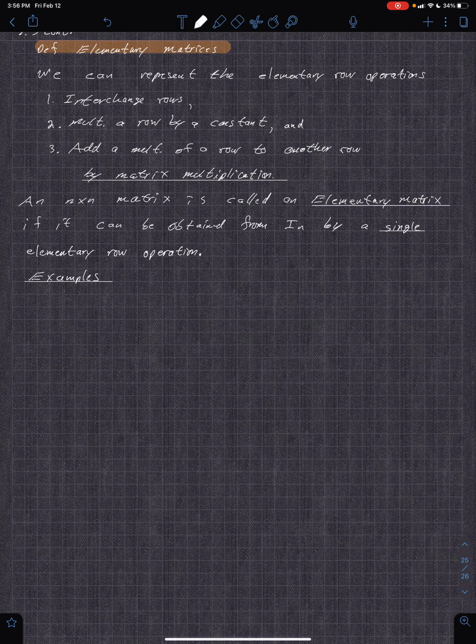Suppose you start with the identity matrix. This is a 3 by 3: 1, 0, 0, 0, 1, 0, 0, 0, 1. And let's suppose I want to multiply by a constant.